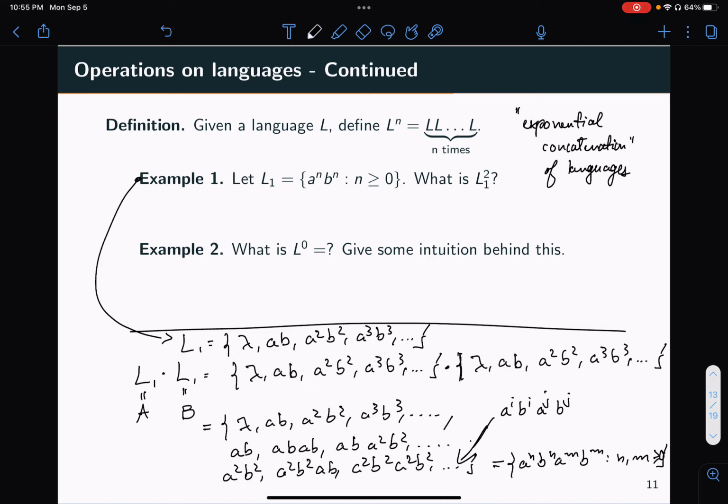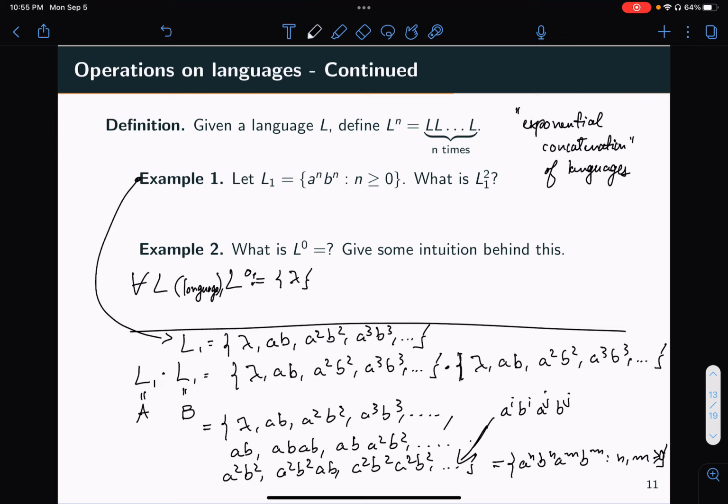Okay, and lastly for this concatenation, what is this exponential concatenation? What is L to the 0? Well, L to the 0, we're actually going to always define that, and this is going to be for every L, so for every language. I'm going to say that L to the 0 is defined as the set containing the empty string.